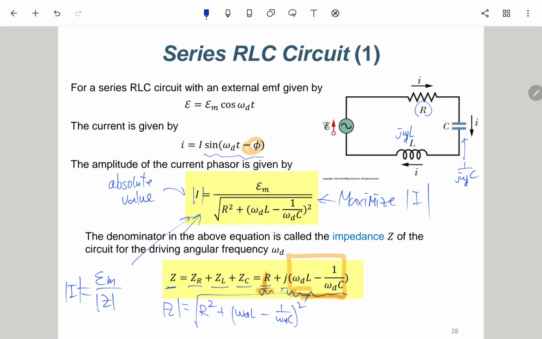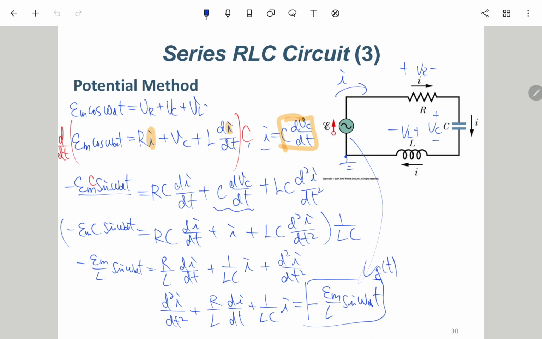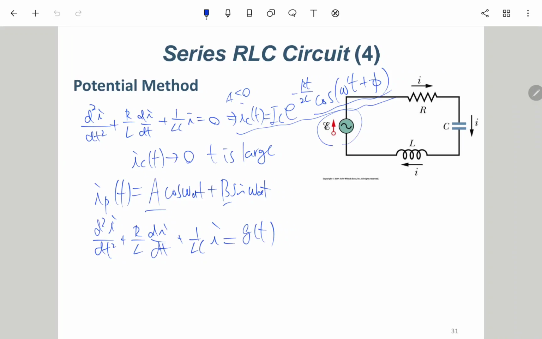It will be very, very horrible, and that's why we need to introduce the phasor here. The phasor makes this kind of terrible thing vanish. We don't need to go through this tedious computation.